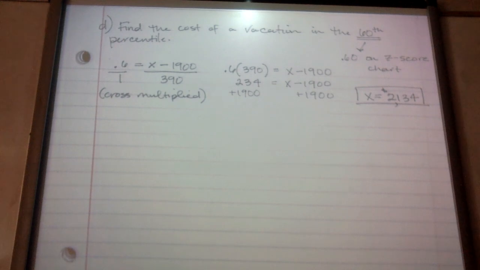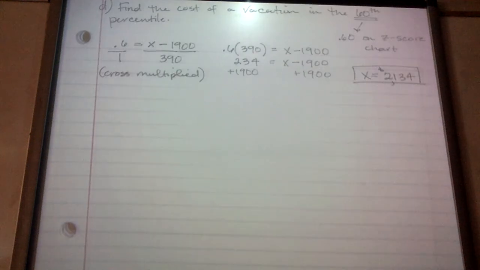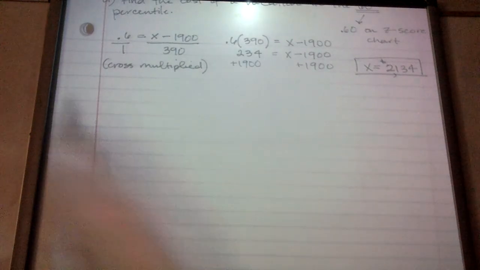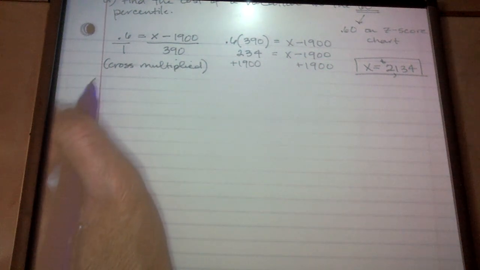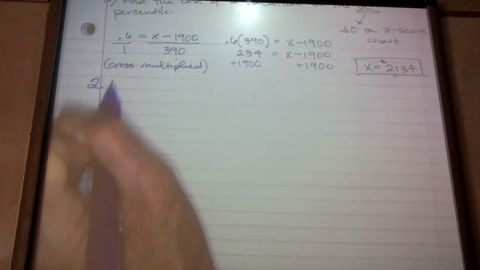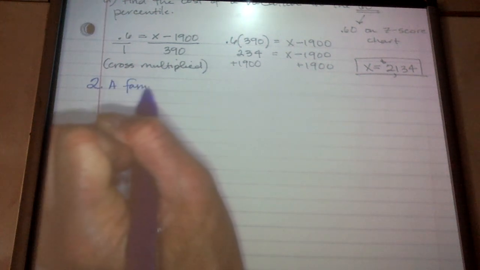All right, so let us now do another problem which covers a little bit more material and will prepare you for other types of problems. So number 2, remember all of this is on vacation.